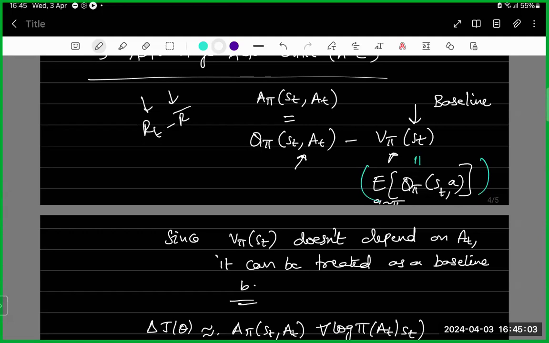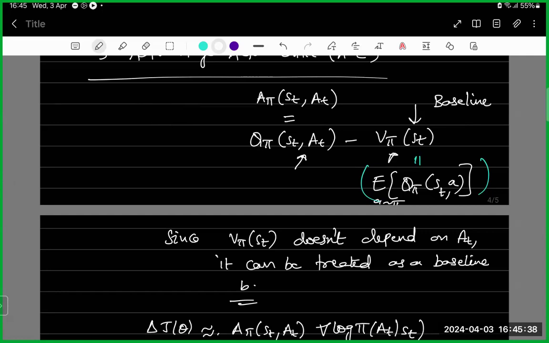Similarly, here Q pi of S_T comma A_T is the average return that you get for taking a particular action A_T, and V pi of S_T is the average return that you get when you take a random action according to policy pi. So this difference tells you how much advantage A has compared to a typical action in policy pi. If this is negative, then you can think that the action is not good. If it's positive, then the action is good.